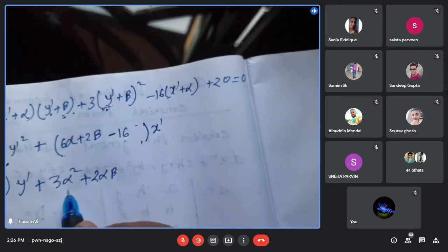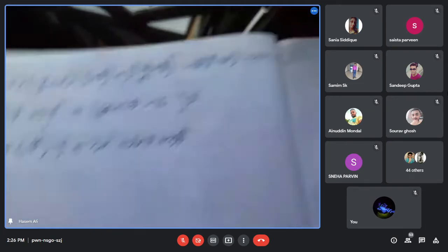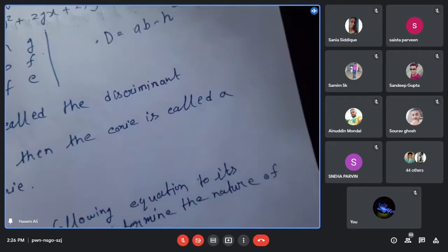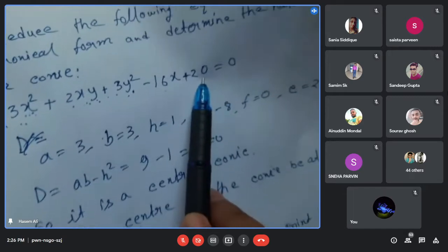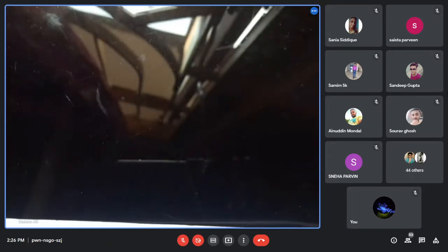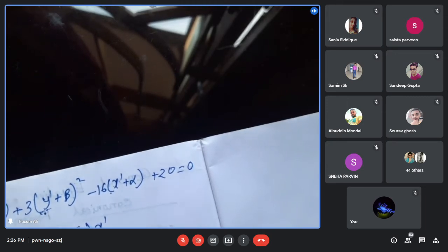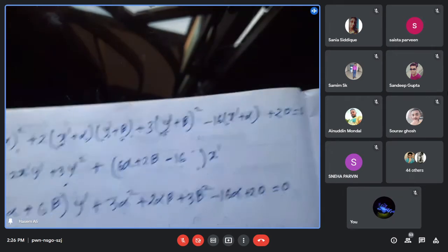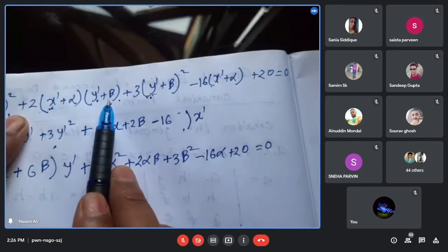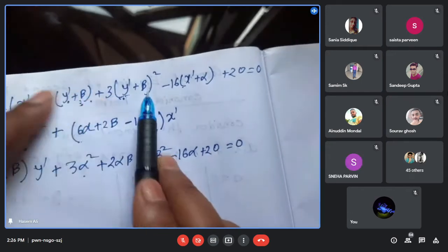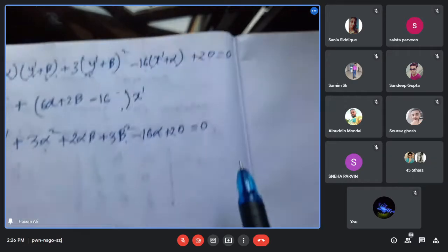That means 3 alpha square plus 2 alpha beta plus 3 beta square minus 16 alpha plus 20. See here, 3 alpha square, 2 alpha beta, 3 beta square, minus 16 alpha plus 20. Okay.